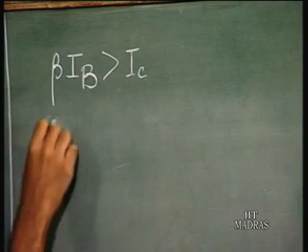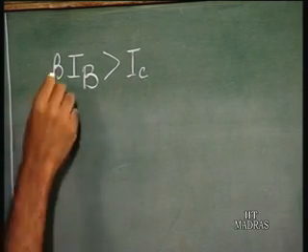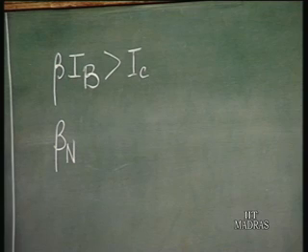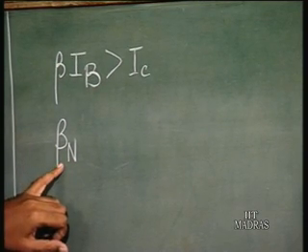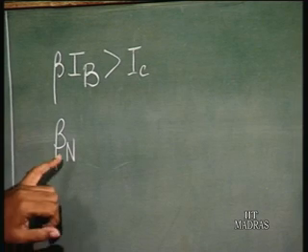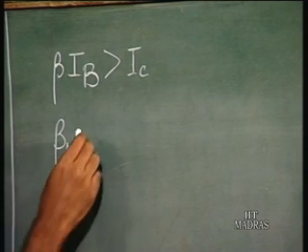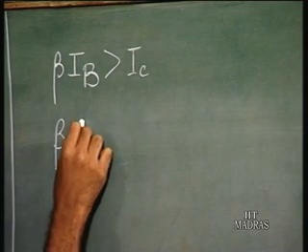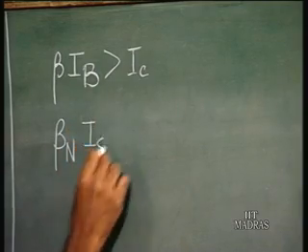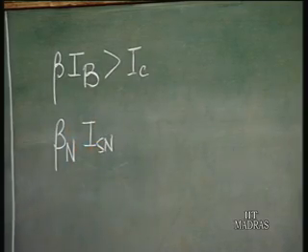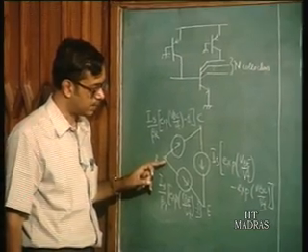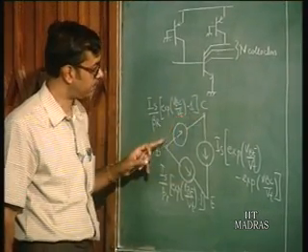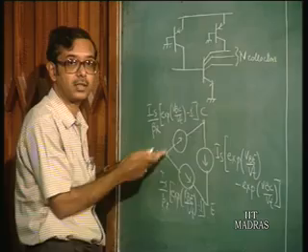The total base current is going to be, I write beta N here to differentiate between the beta of the forward and the reverse, beta N, ISN. So the base current of the NPN transistor, if you go back again to this model, is given by the sum of these two current sources.